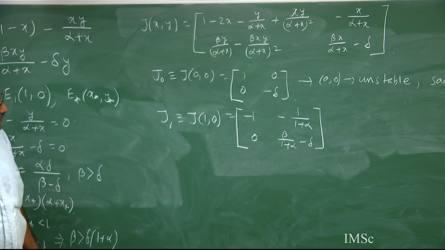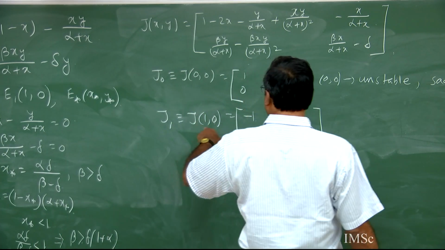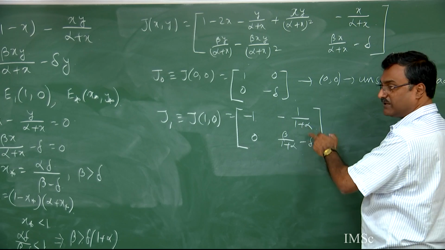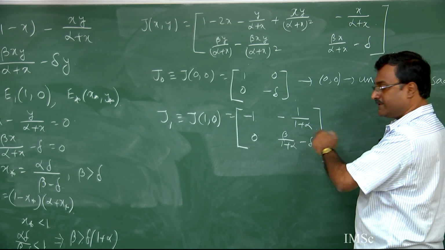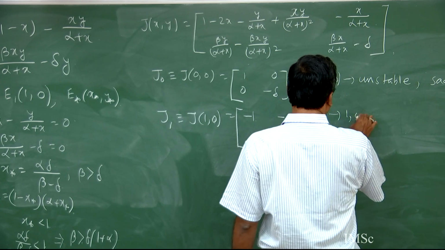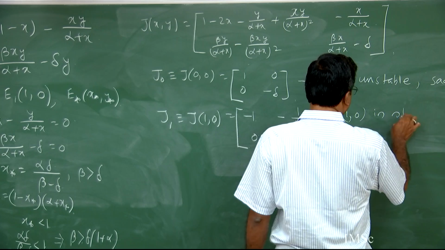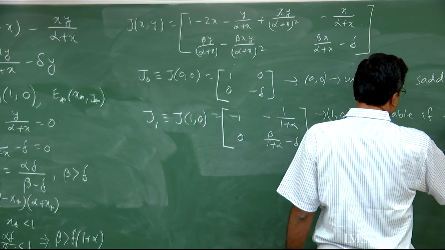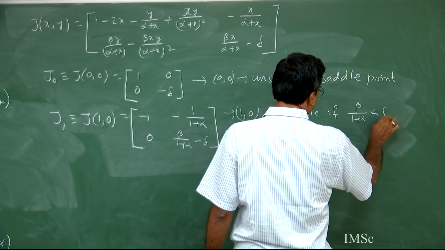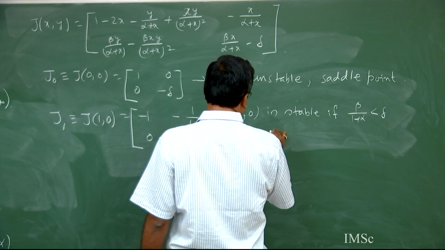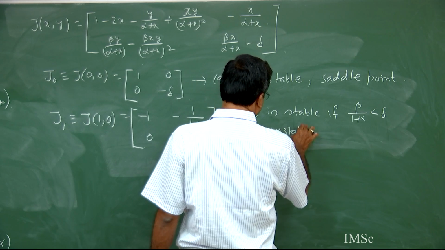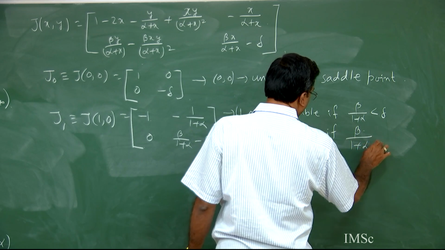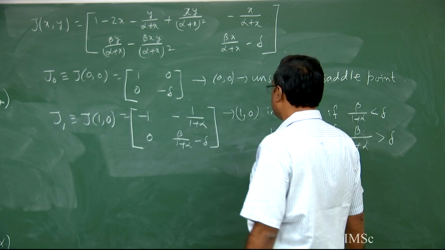So in this case, the stability of (1, 0) depends upon the sign of this particular quantity. Therefore we can say that (1, 0) is stable if beta by 1 plus alpha is less than delta, and this is unstable if beta by 1 plus alpha is greater than delta.